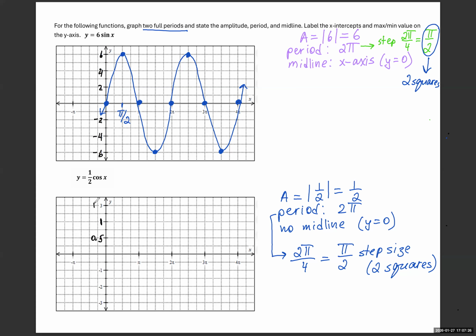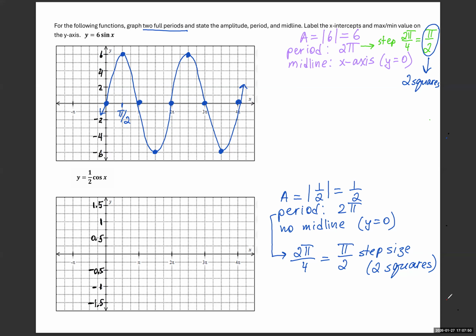And then this will be 1.5. And then in the negative direction, this is going to be negative 0.5. This will be negative 1, and this will be negative 1.5. That just gives me a little bit extra room to work with.